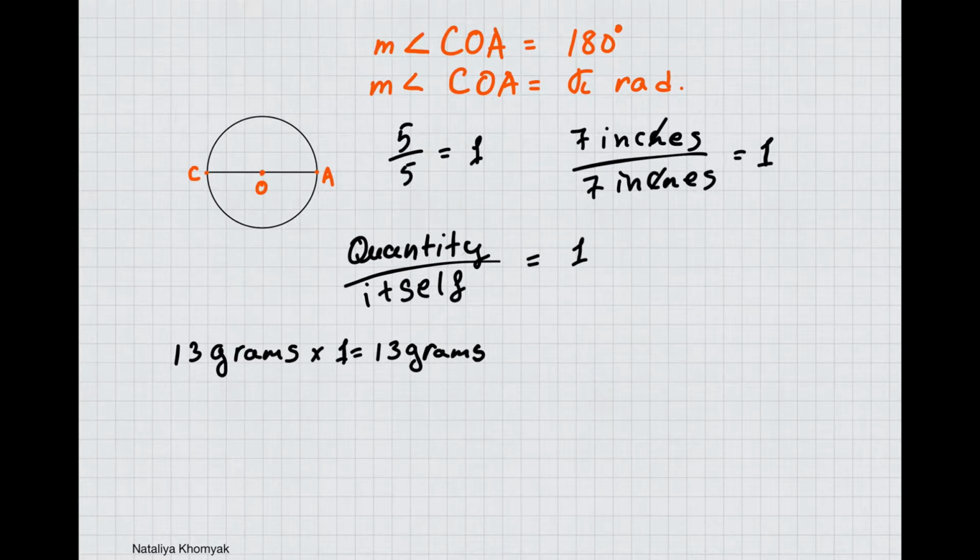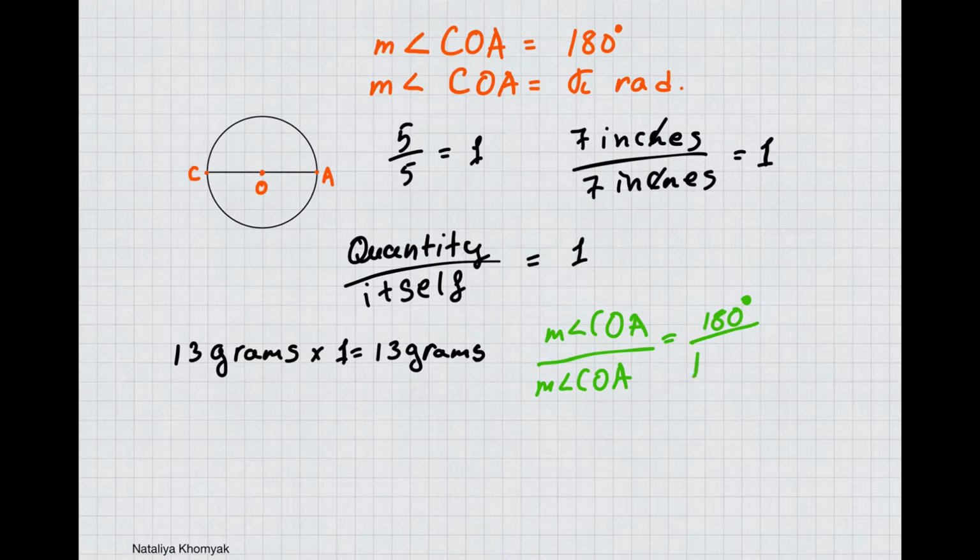Where I'm going with this is that if I take measure of angle COA that I have calculated in degrees, which would be 180 degrees, and I divide it by measure of angle COA, which would be pi radians, we have established that quantity divided by itself is equal to 1.